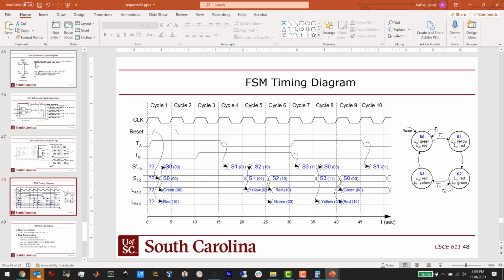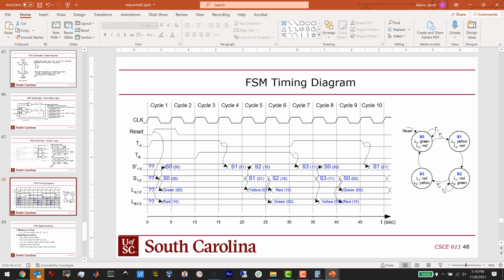The whole idea of synchronizing everything on the rising edge of the clock is going to become clear in the next lecture when I talk about timing analysis. Because if you look at this next state logic, it's combinational logic, and it has different paths through it with different delays, so you might find that there are glitches on this next state logic.